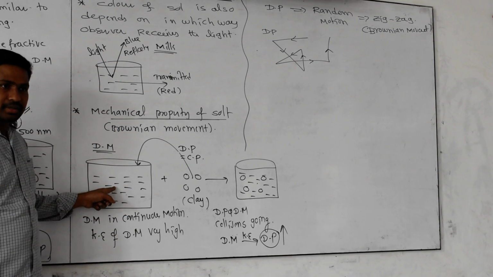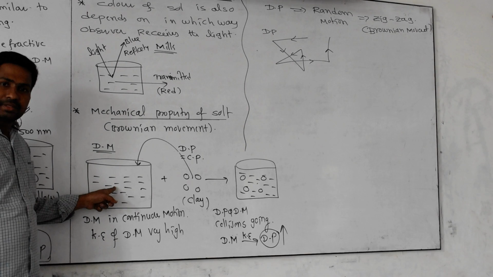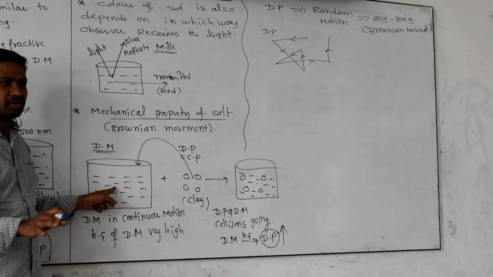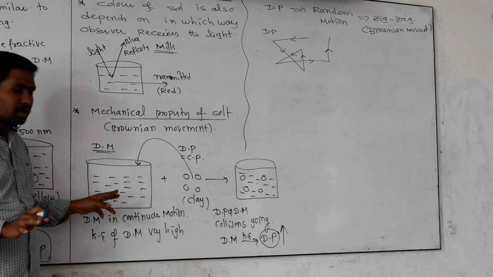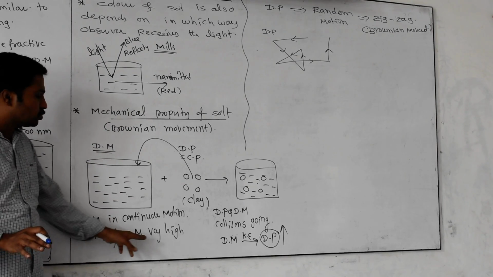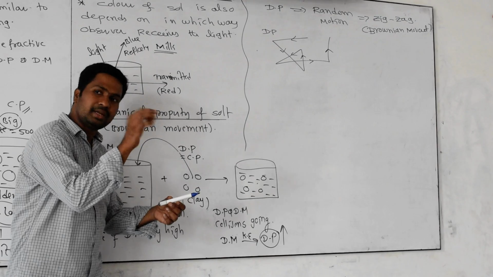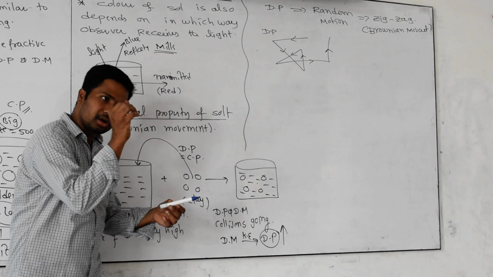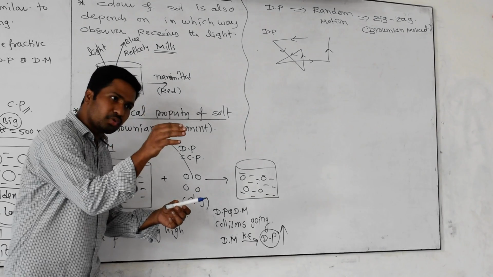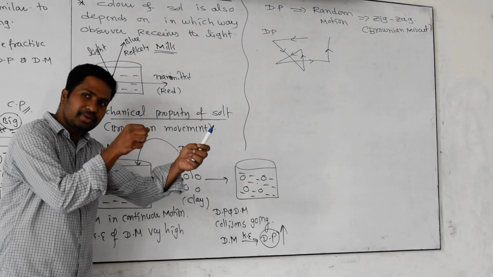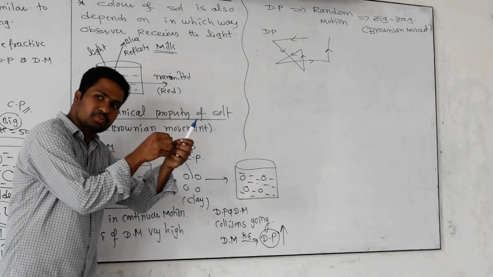First of all, we have to take the dispersion medium. The dispersion medium basically has continuous motion. The meaning is that dispersion medium particles have too much kinetic energy. Into that we are adding the dispersed phase, whose kinetic energy is almost zero. After adding, collisions will be going on between the dispersed phase and the dispersion medium.